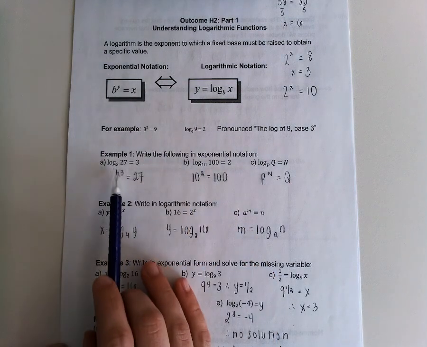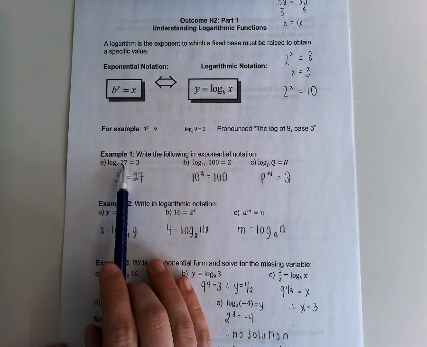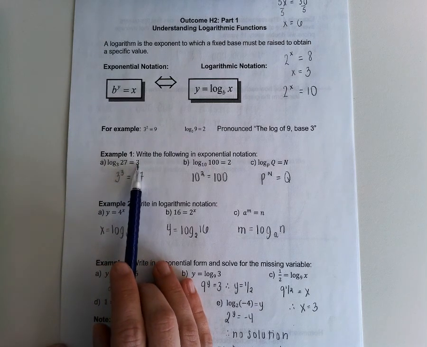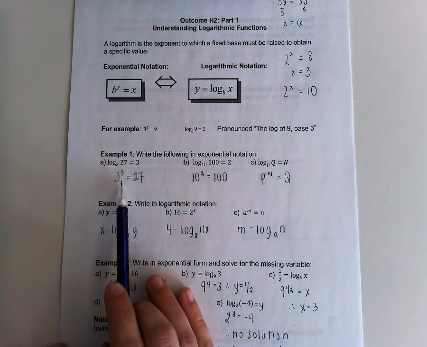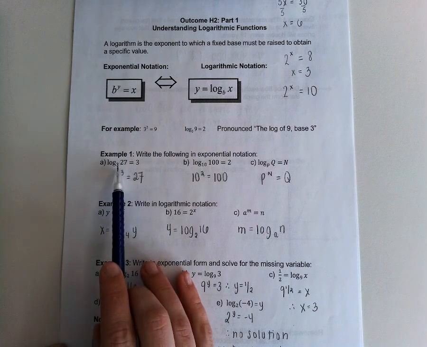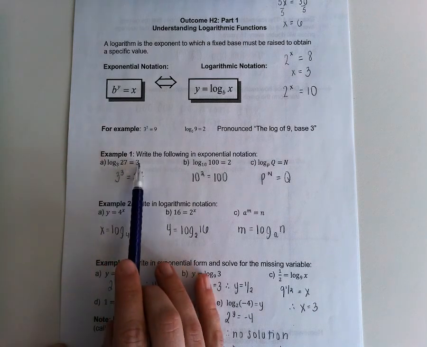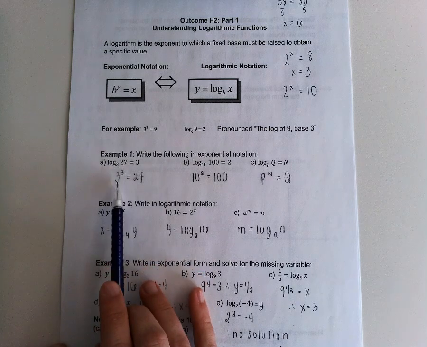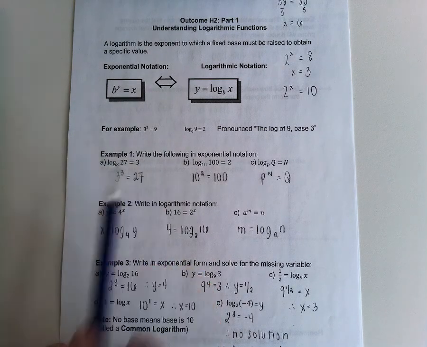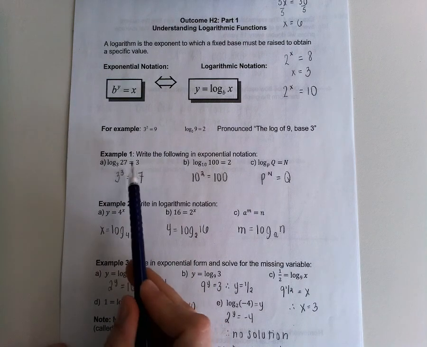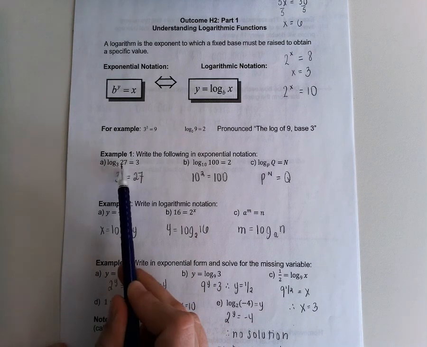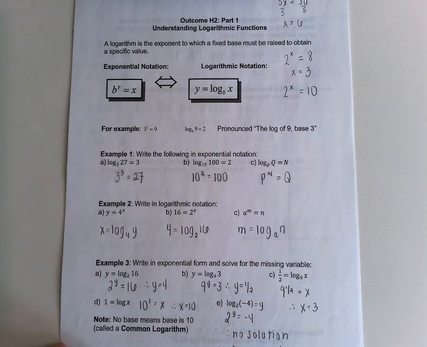So for example, log base 3 of 27 is equal to 3, and in exponential notation, that would be 3 to the power of 3. So the base of the log becomes the base of the exponent. Our constant here, the 3, becomes the exponent, and that's equal to 27.